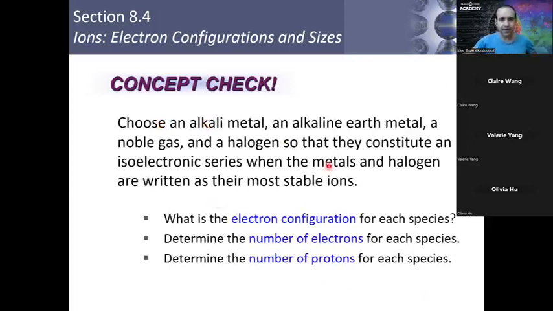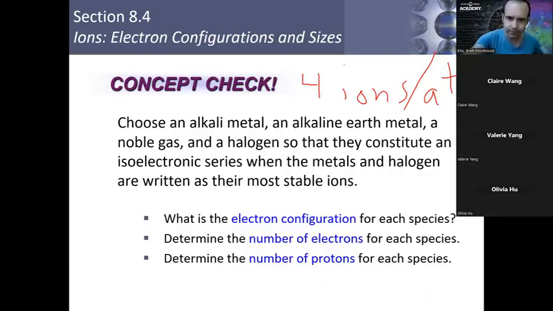So here, technically, we've got 4 ions. So we want to choose alkali metal, alkaline earth metal, noble gases, and a halogen, so that they constitute an isoelectronic series.